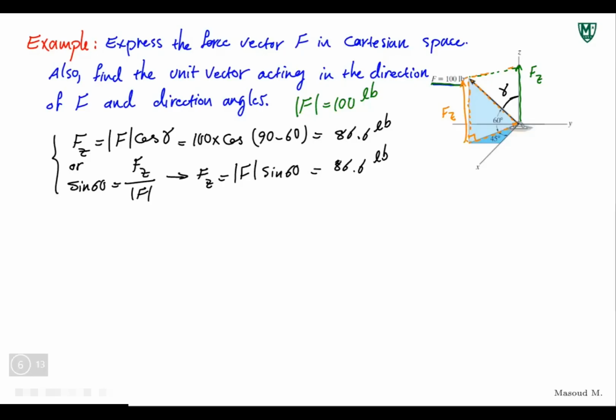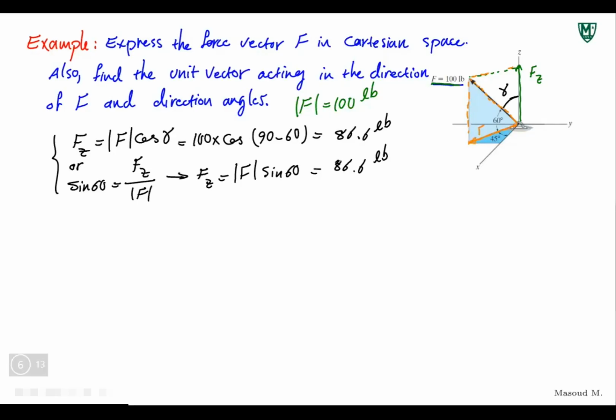We know that, let me erase this part, it's crowded here. Looking at the same triangle right here, we can find this length.